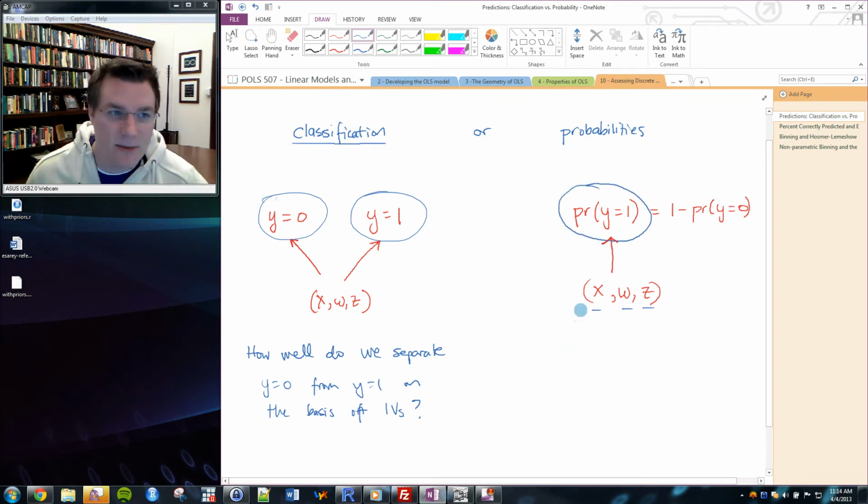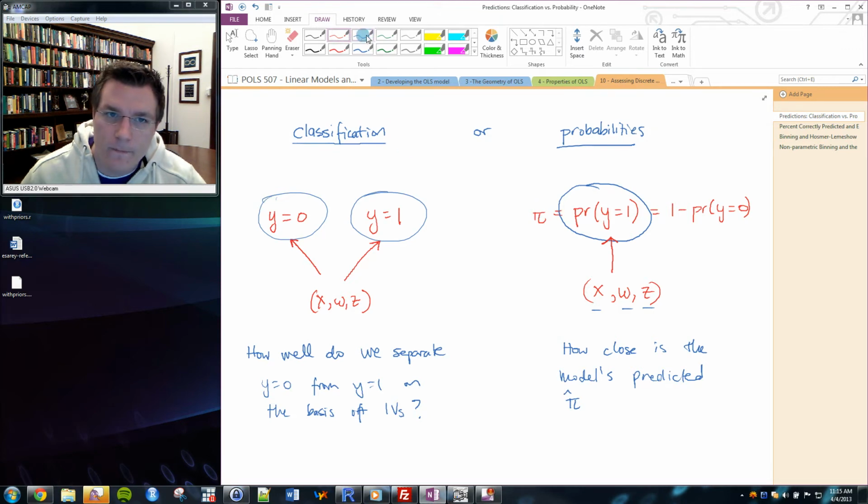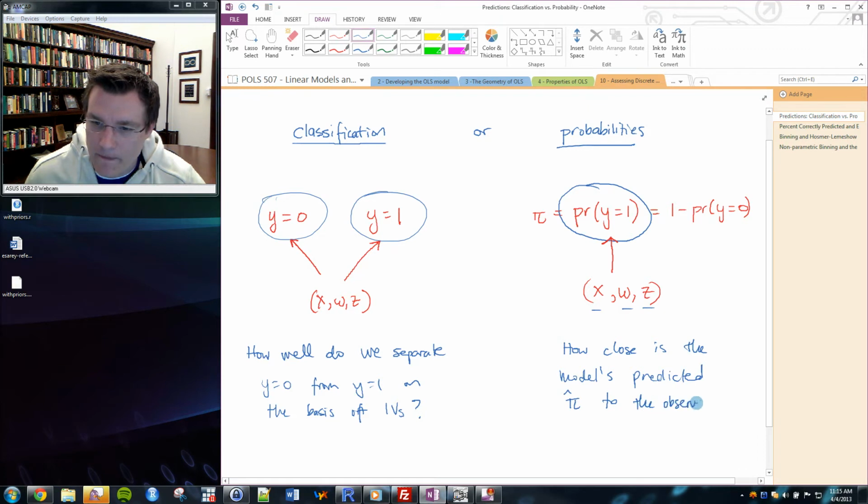So the question that you ask when you assess the model's probability characteristics is how close is the model's predicted probability that y equals 1, we'll just abbreviate this up here, pi, to the observed pi.